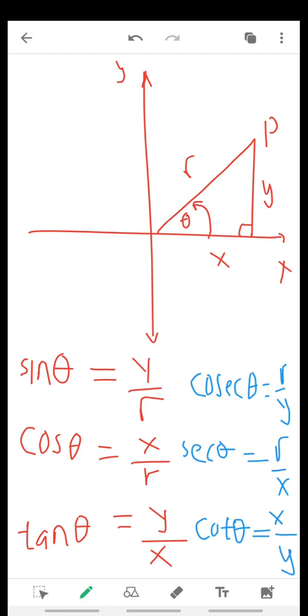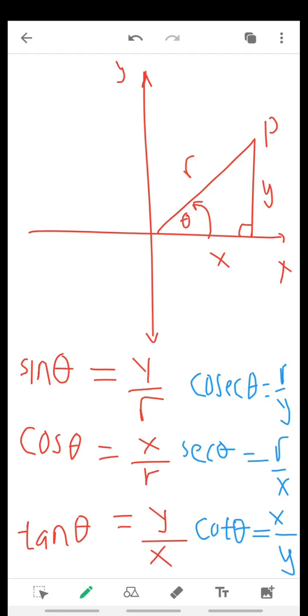This is our hypotenuse, because r is the longest side of the right angle triangle. You get that? Very, very important. And then, when you look at the position of theta, y is opposite, x is adjacent, and r is the hypotenuse.